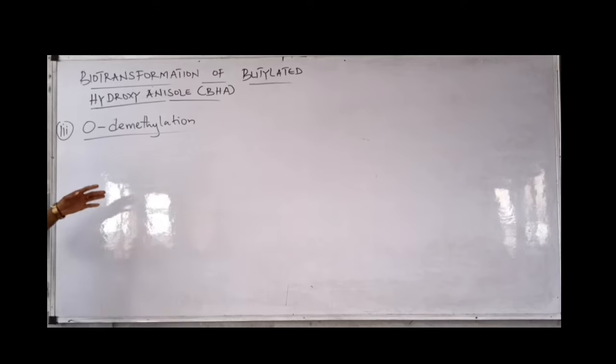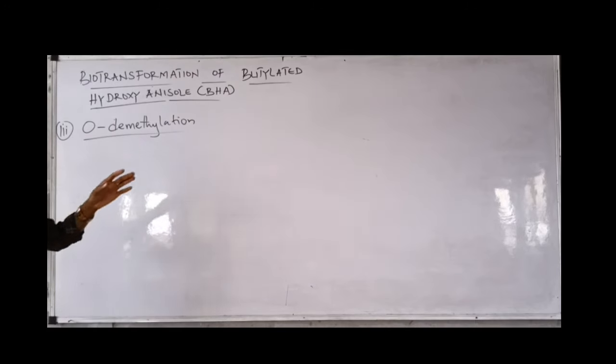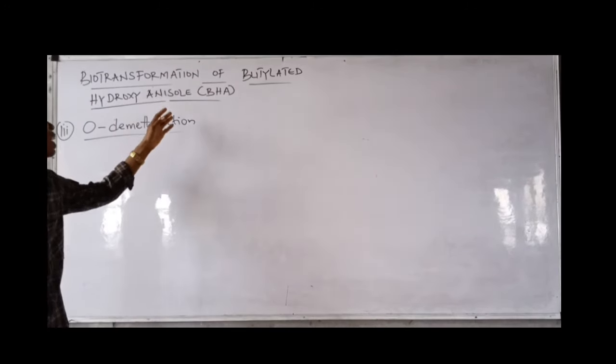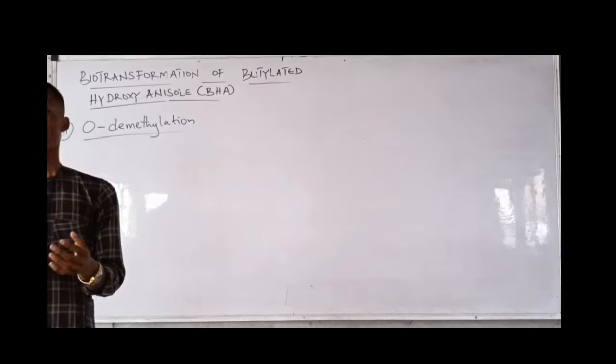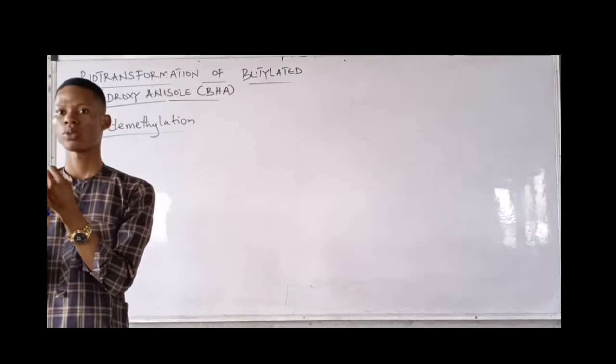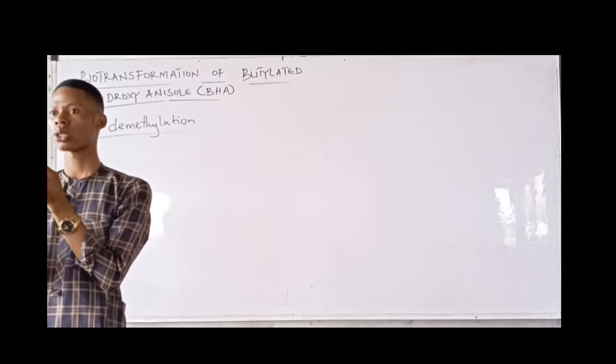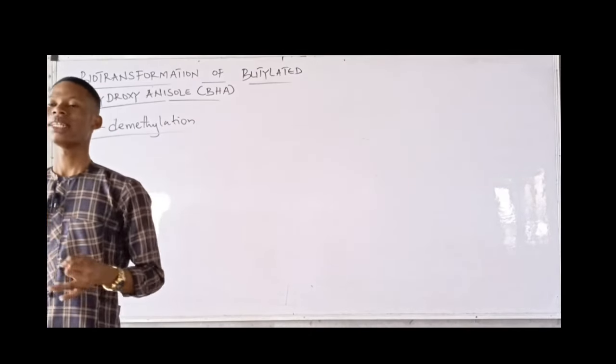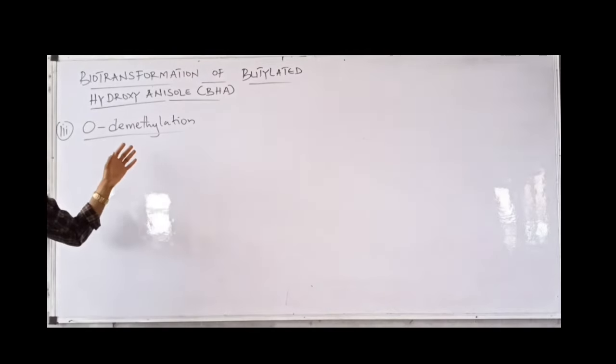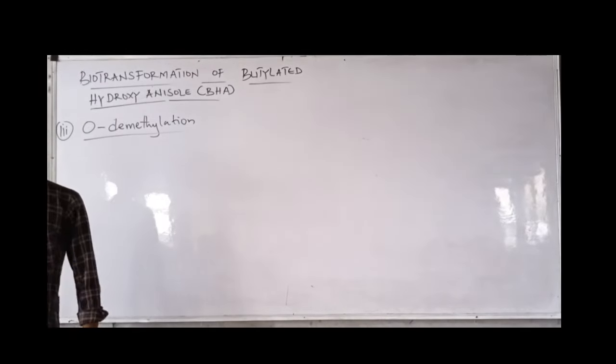That's it. Now, we've seen that butylated hydroxy anisole can undergo conjugation with what? Glucuronidation, right? Can also undergo conjugation with what? Sulfur, right? Now, another reaction that can take place is O-demethylation.